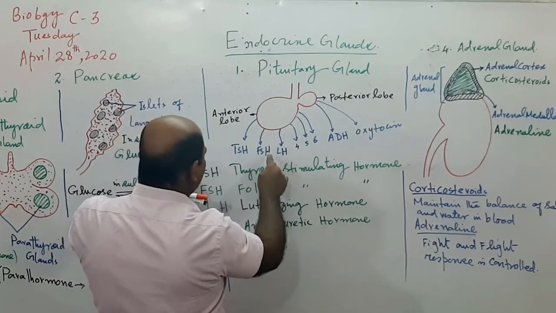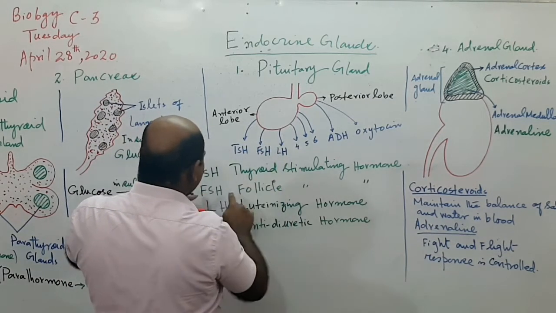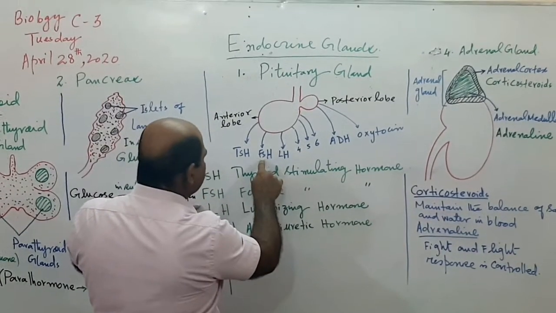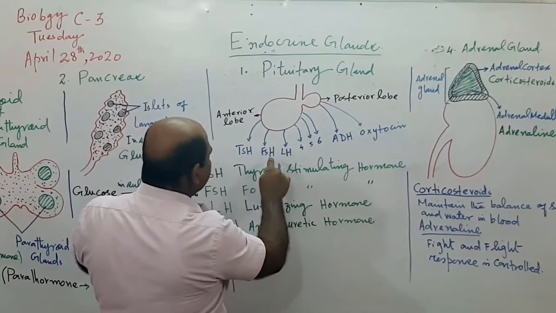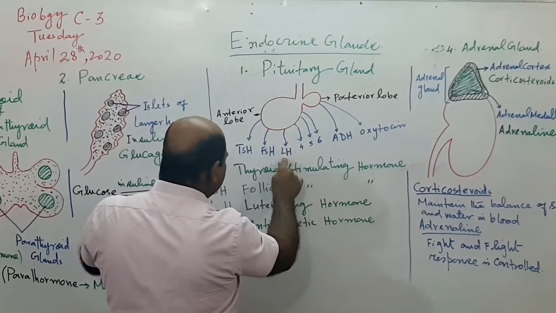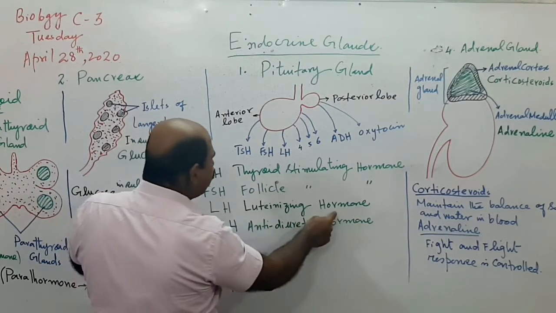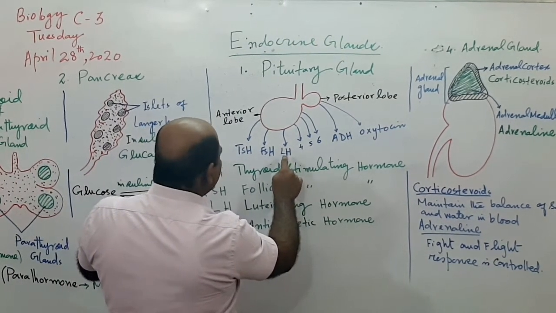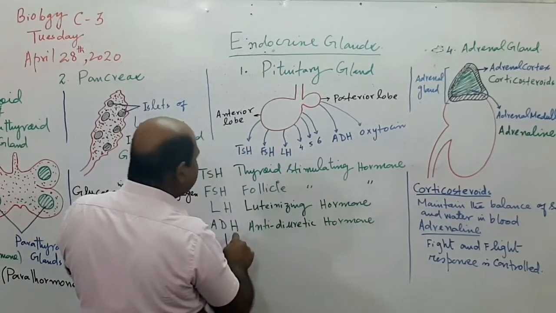And this is FSH, which is follicle stimulating hormone, and this hormone controls the ovaries. And there is another one, LH, called the luteinizing hormone. This one also regulates the function of the ovaries.